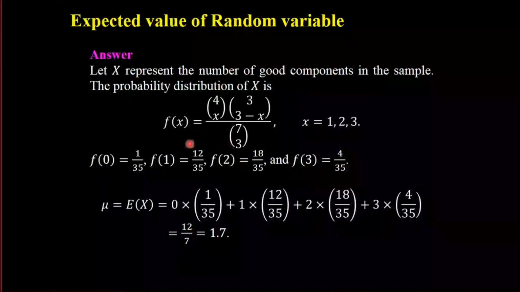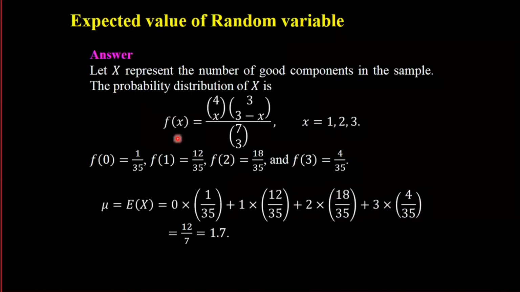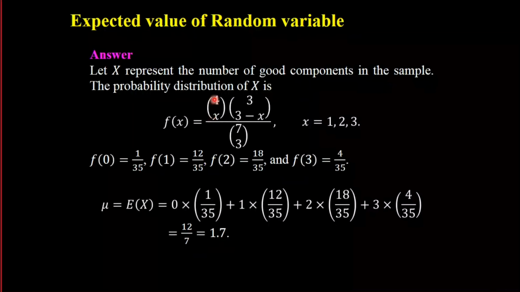If you know basic probability, f of x is 4Cx into 3C(3 minus x), divided by 7C3, meaning out of 7 you are selecting 3. You choose x from the 4 good and 3 minus x from the 3 defective.